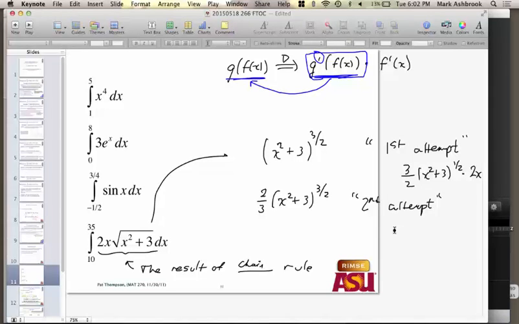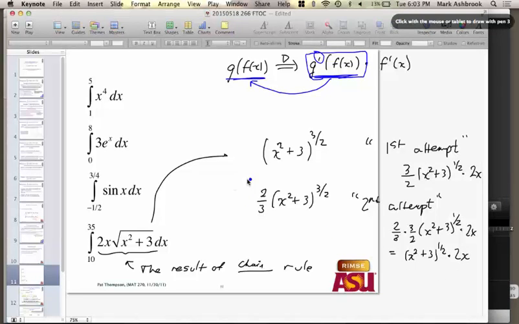The derivative is 2/3 times 3/2 times x squared plus 3 to the 1/2 times 2x, which equals, did I blow something there? 1/2, thank you. So 2/3 times 3/2 is gone, leaving x squared plus 3 to the 1/2 times 2x. Is it the same as what we started with? Yes. So, I got it.